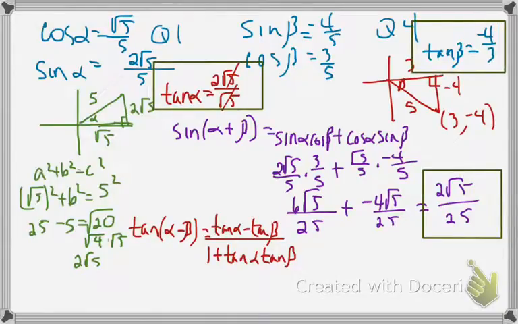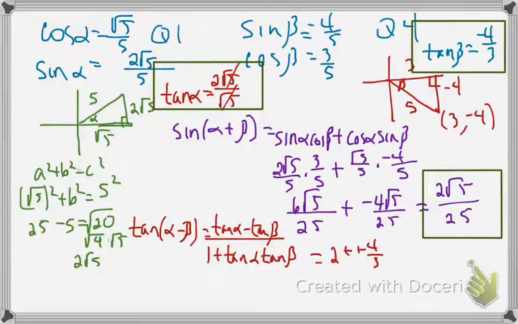All right, so what do we have to do? We just drop them in. So let's go do that. So tangent of alpha is 2 minus tangent of beta. Okay, and what's going to happen here? It's going to be minus a negative 4/3. This is what I was talking about earlier.